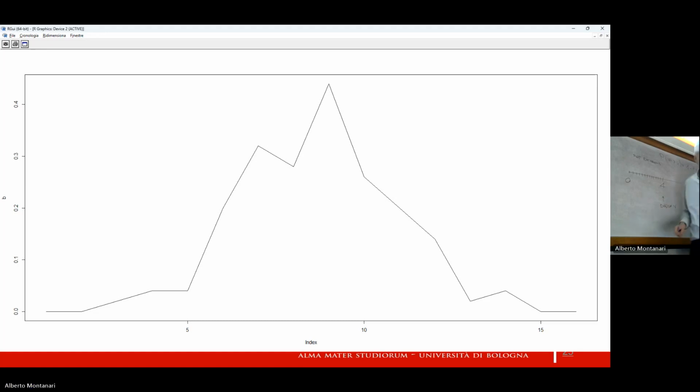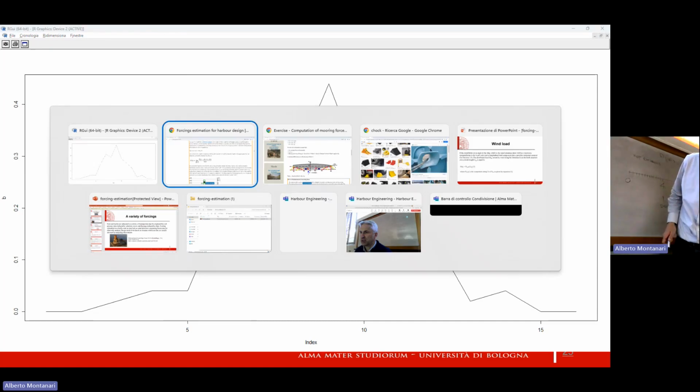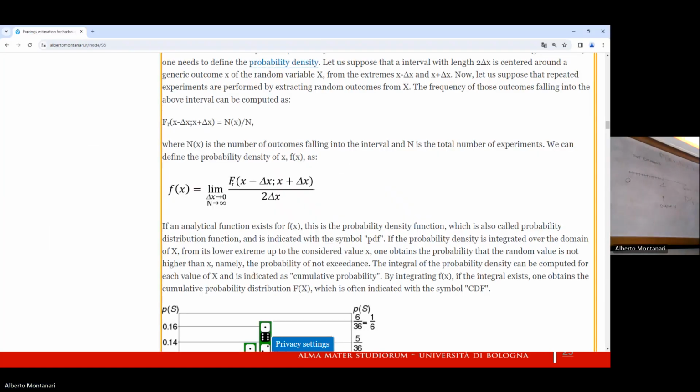And if you look at the definition of the density, you understand it, because you see how it is computed. It is the frequency of the outcomes within each subinterval, in its infinitesimal delta x, divided by delta x. If you basically integrate over delta x, you get the sum of the frequencies, which gives you the probability.